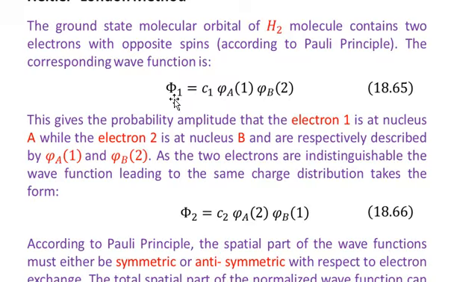Phi 1 and phi 2 are the two possible conditions that we can write down under the Heitler-London method.